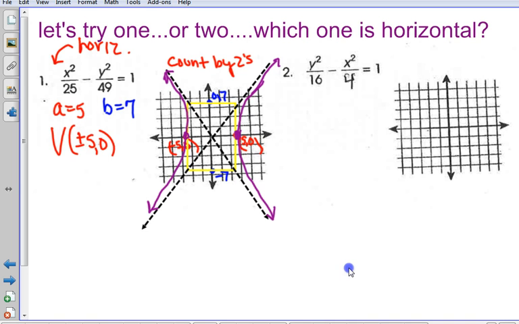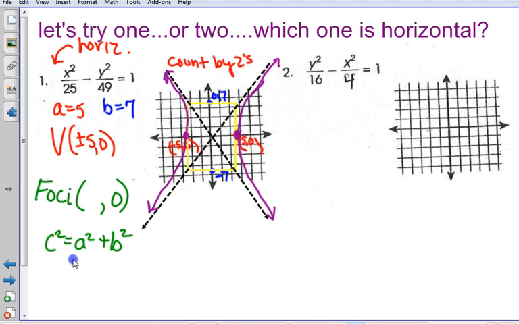All right, the tricky business is finding the asymptotes and the foci. The foci are located inside, so they are on the x-axis. They're going to be (c, 0). How do we find c? c squared equals a squared plus b squared, okay?